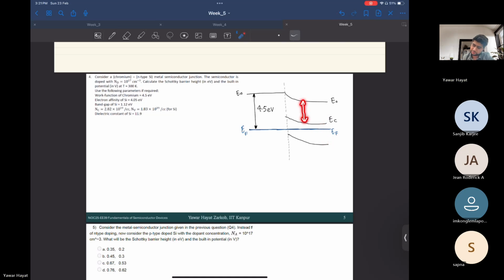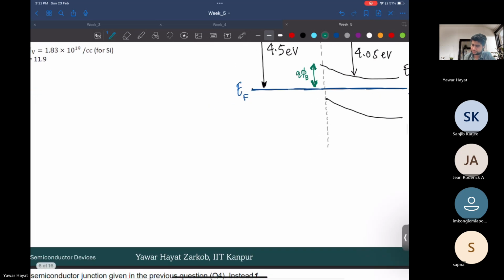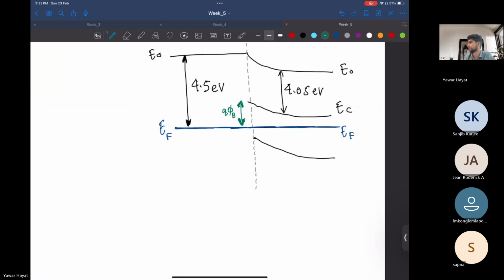This is the electron affinity, so this much would be 4.05 electron volt. We are interested in computing the barrier height. We are interested in this quantity. This is q phi B.